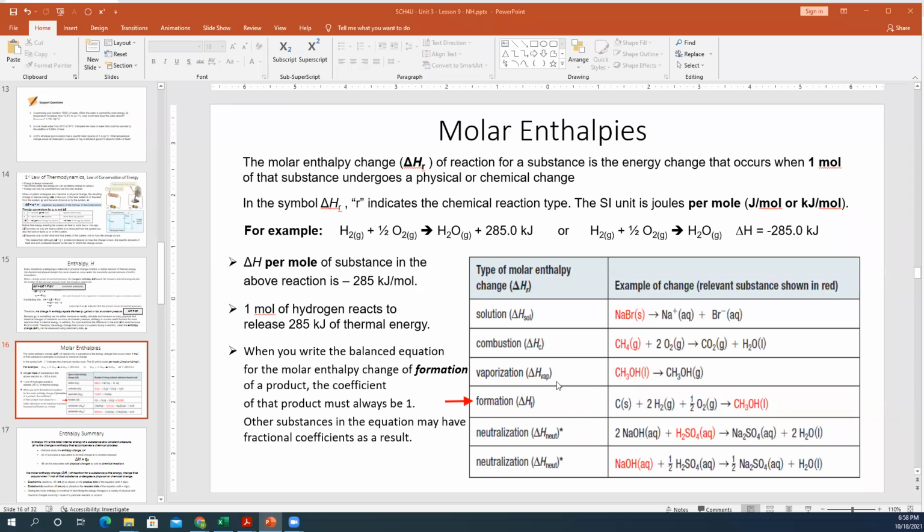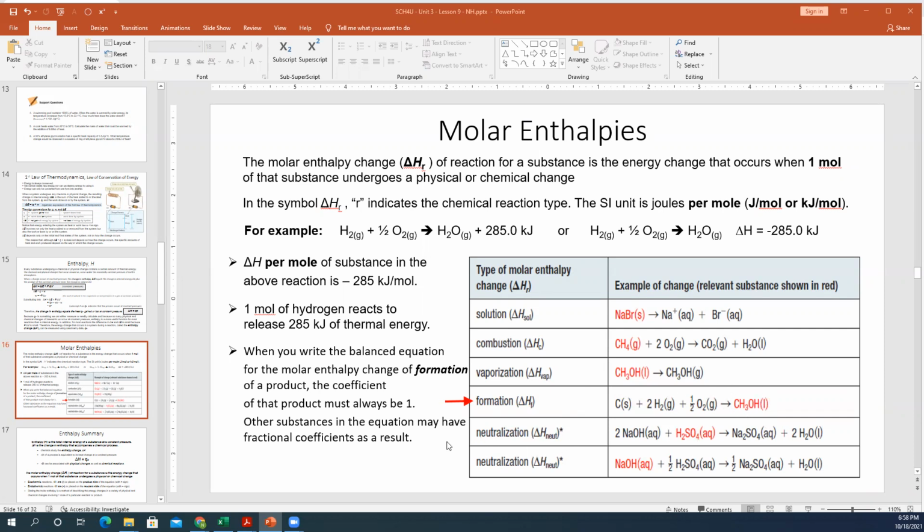It can be the vaporization of methanol from the liquid state to the gas state. It could be the formation of methanol, for example, the reaction of carbon plus hydrogen plus oxygen to produce methanol.